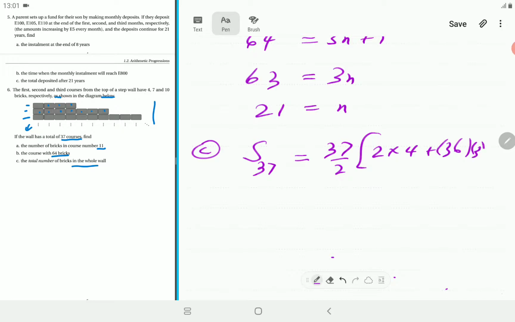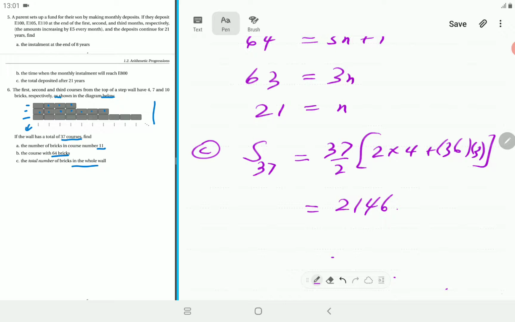The common difference is 3. Then if we plug that in the calculator, that is going to give us 2146.